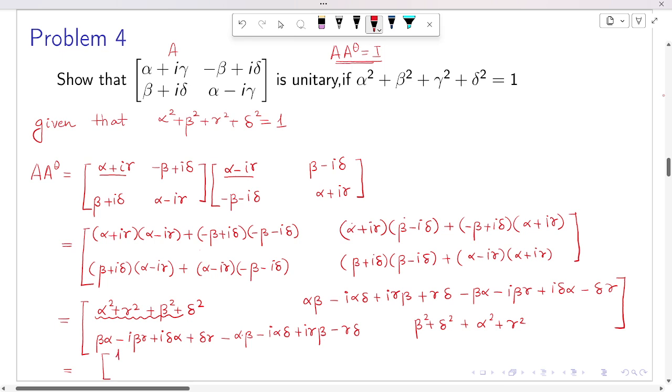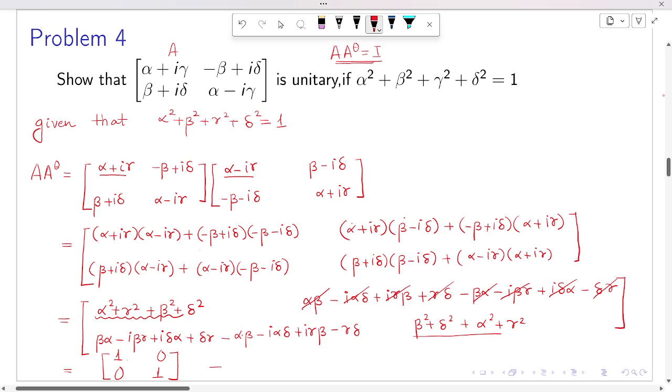Now this thing is just 0. Alpha and beta cancel out. Iota alpha delta cancels out. Iota gamma beta cancels out, and this term also cancels out. This thing is 0. Similarly this thing is 0 and this thing is given to be 1.